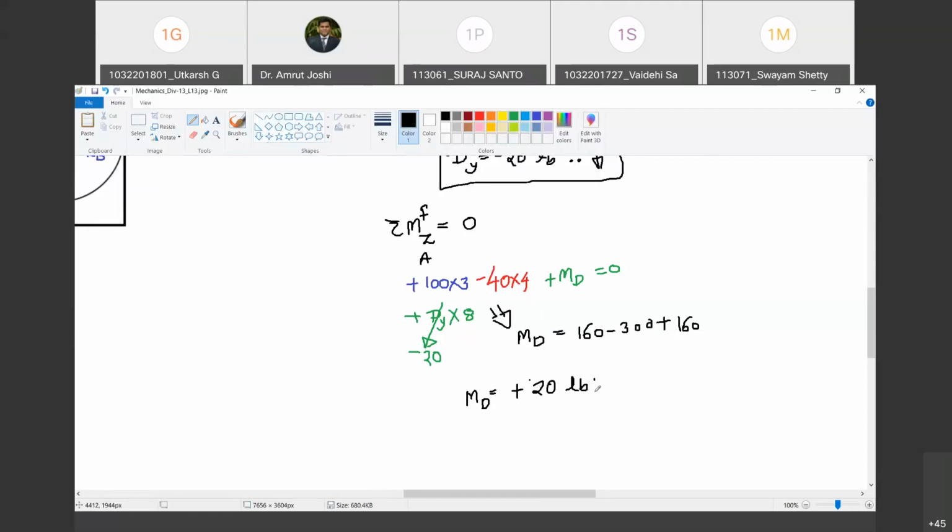What is the unit? Foot pound, or pound foot to be precise.